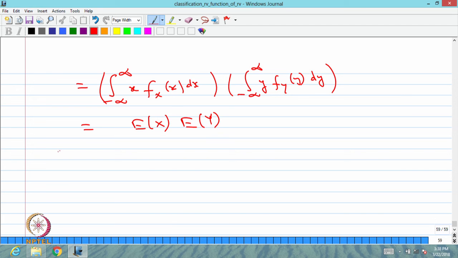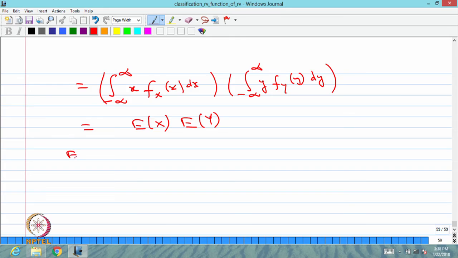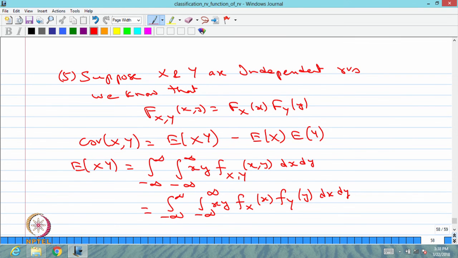That means we have given the derivation considering both the random variables to be of the continuous type. Even if both the random variables are of the discrete type, you will get the same conclusion, that is expectation of x into y is the same as expectation of x into expectation of y. Therefore, if two random variables are independent, then the covariance between x and y is the same as expectation of x y minus expectation of x into expectation of y.